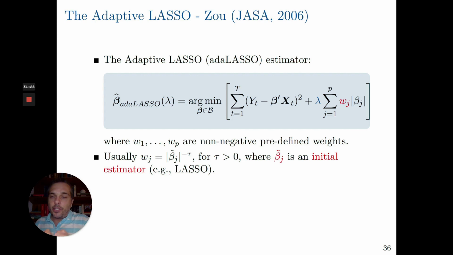And the idea is that you're going to give a different penalty for different coefficients. And as we are going to see during the course, this small change can decorrelate the variables. And you can, in a much easier way, distinguish between relevant and irrelevant variables. Okay?